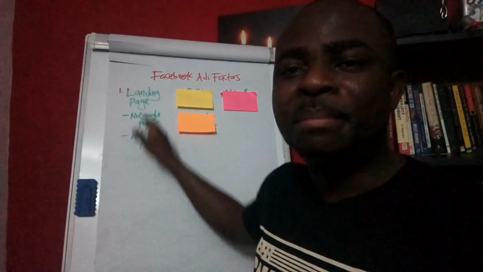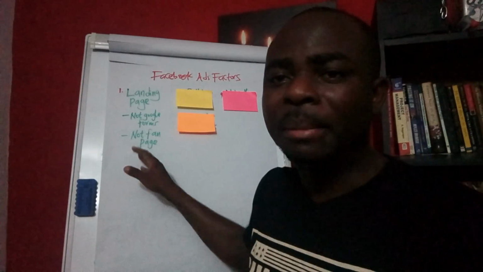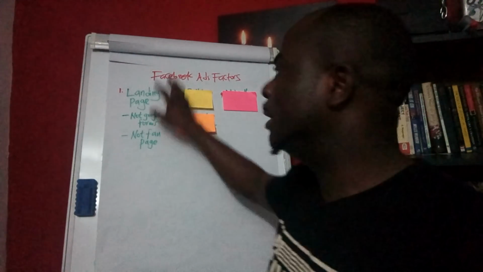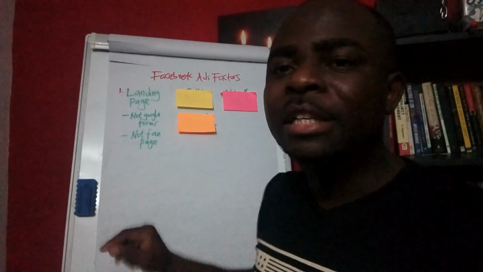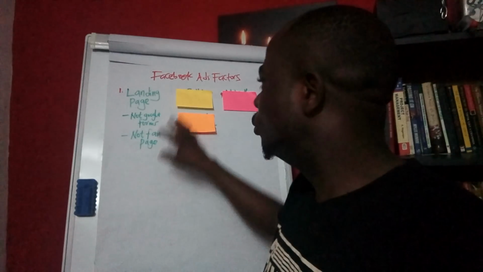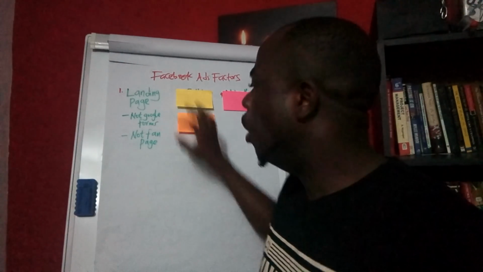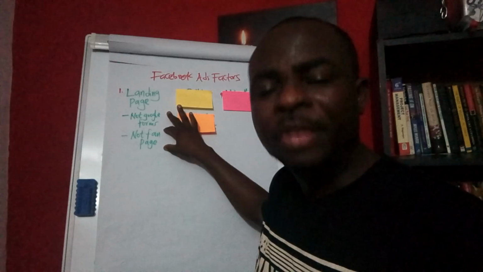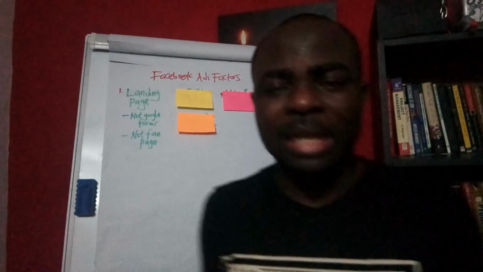Now, this is a very big mistake. It's a fundamental mistake. You can't be advertising and then sending the traffic of your advert to Google Forms or to your Facebook fan page. It doesn't make sense at all.